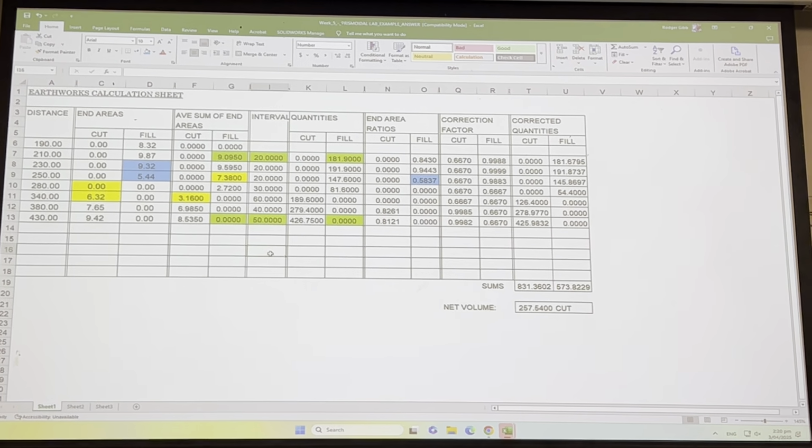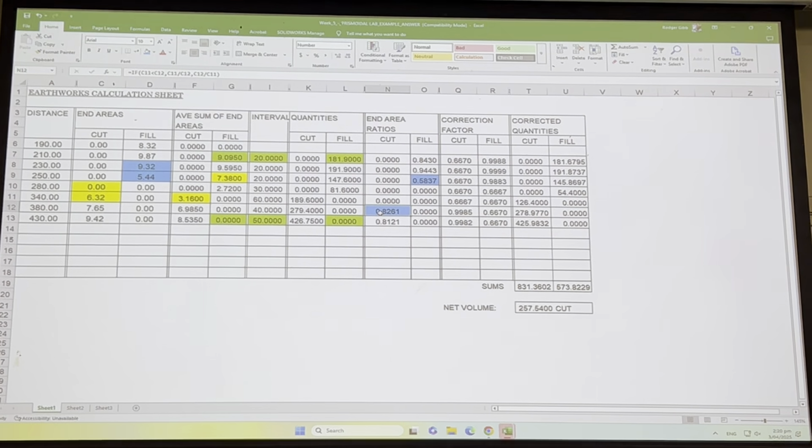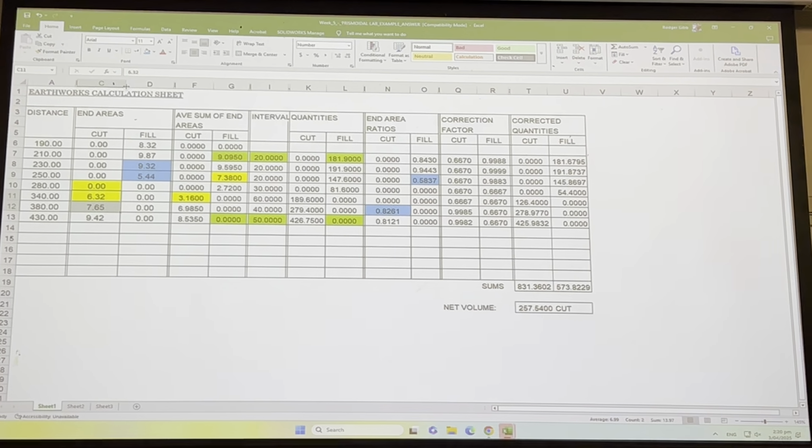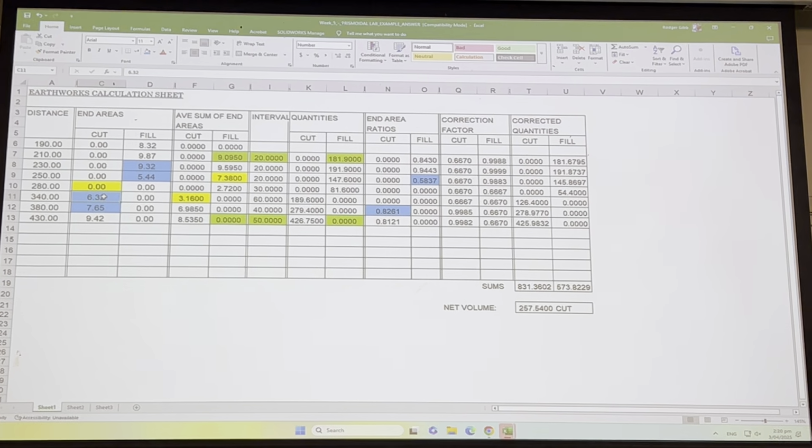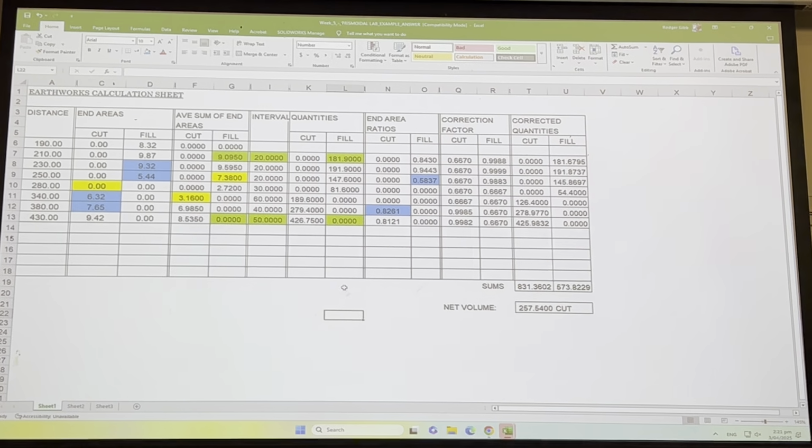Okay, so let's do another one. This one here. We'll go back, this is in cut, so it'll be those two. And the lowest one is the 6.32, so it'll be 6.32 divided by 7.65.